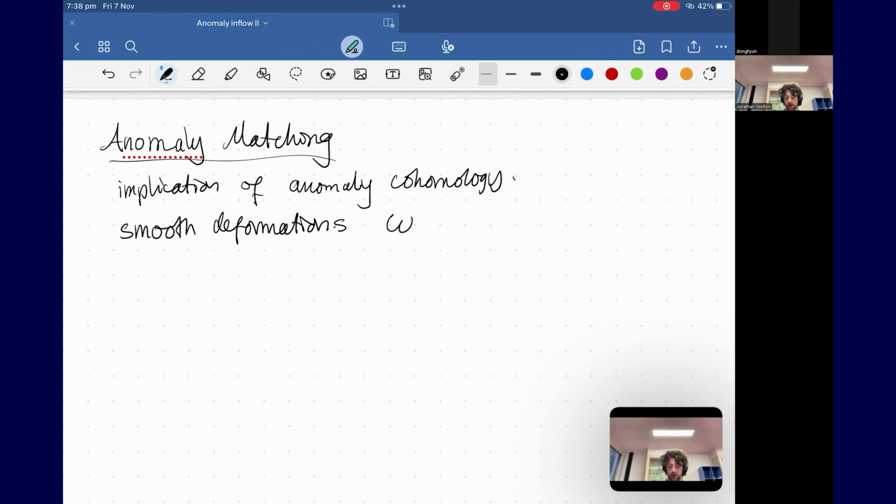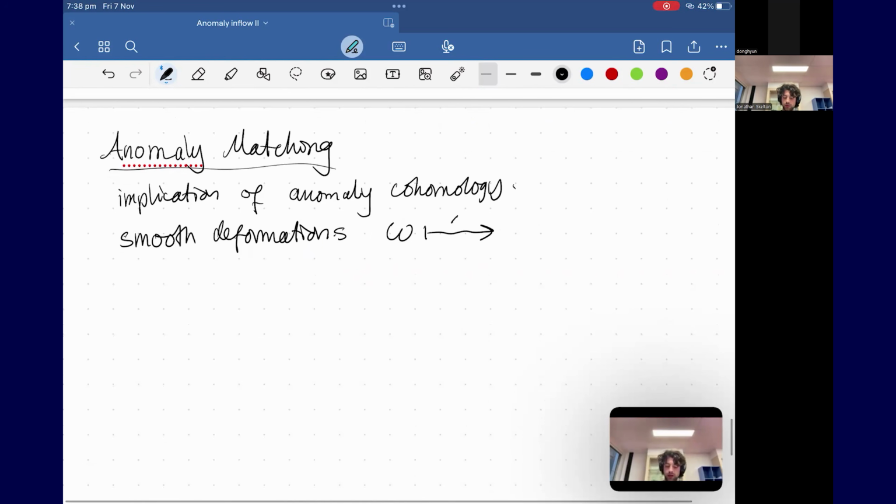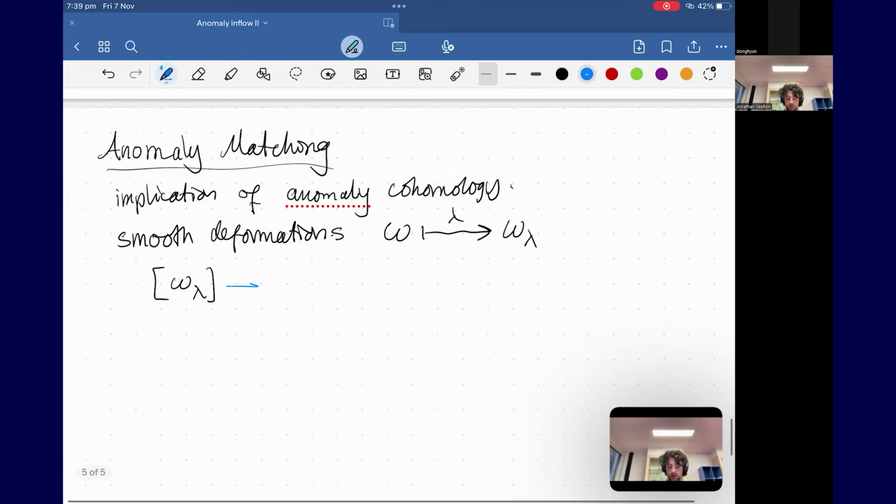under which our original bulk invertible field theory is smoothly deformed to omega lambda. And we call all of these Lagrangians, we can define an equivalence class, omega lambda. So these are going to be our equivalence classes of the theory.